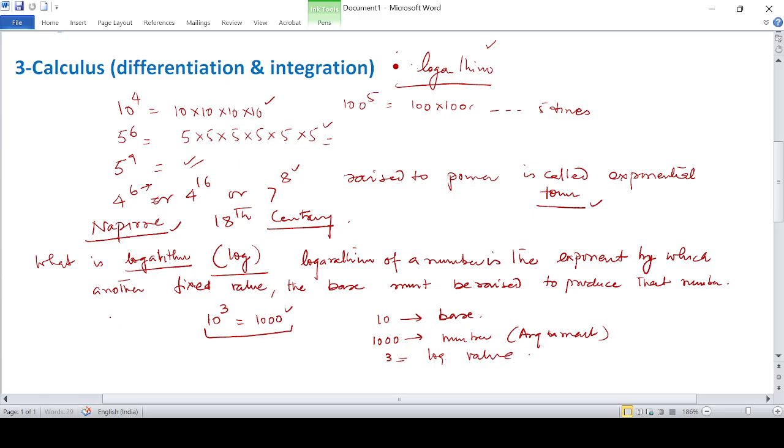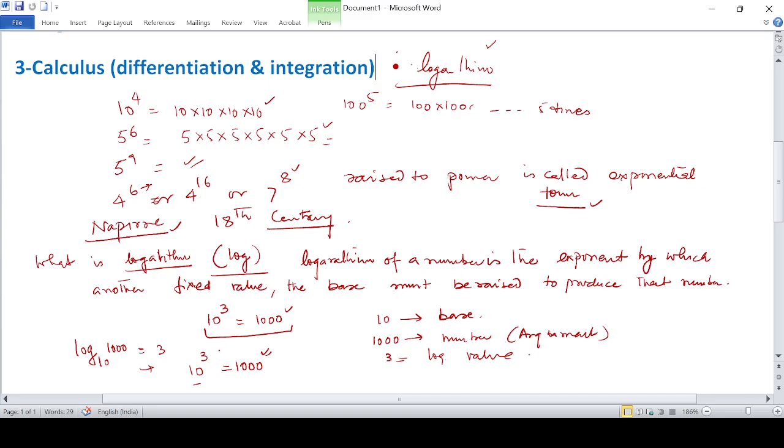How do we write this? When we write log, on the downside of this log we write 10, here we write 1000, and here we write 3. When we write in exponential form, we write 10 to the power 3 is equal to 1000. So, you must have understood how we change the exponential form to the log form. 10 becomes the base, which we write on the downside of the log, the argument is written in front of log, and the power is written after the equals sign.